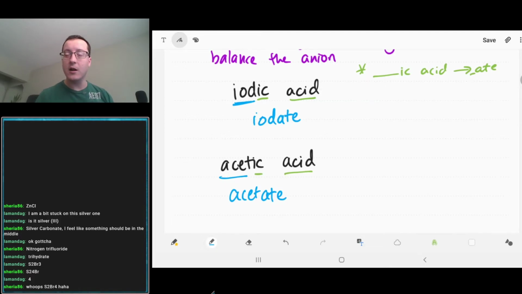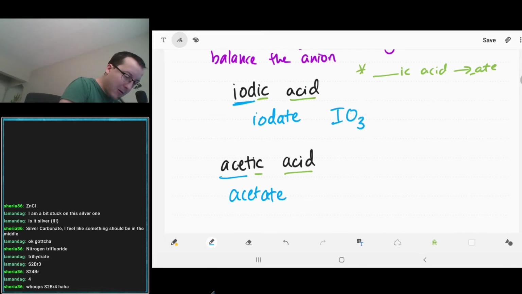We go to our chart of polyatomic ions. We see iodate is IO3 minus. We see acetate is this guy.